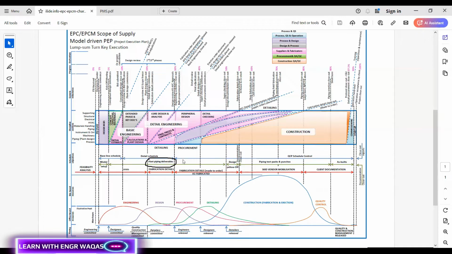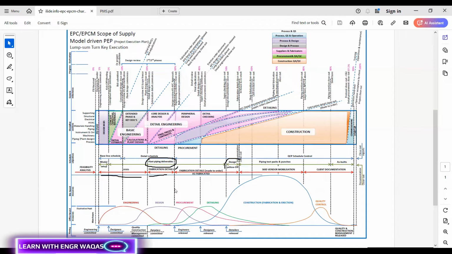After that, once this is done, design is done, a yellow off is actually making sure before starting the next phase. In parallel, we have to understand that after FEED we are supposed to start fabrication details, and plant piping deliverables are also conducted once fabrication details are done, because obviously information will be taken from here and will be part of this deliverable, right?